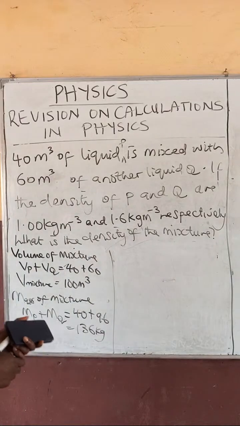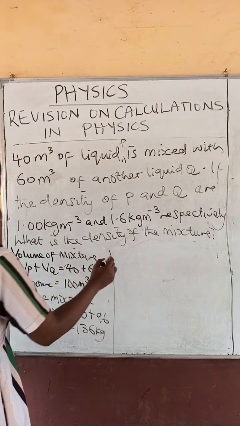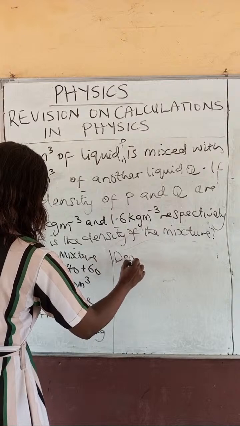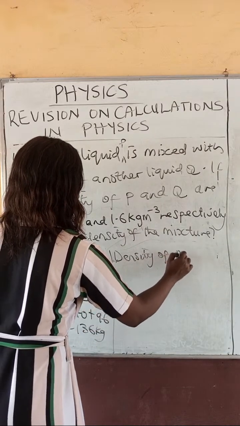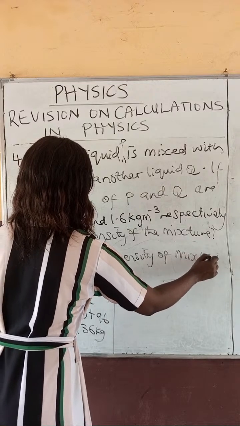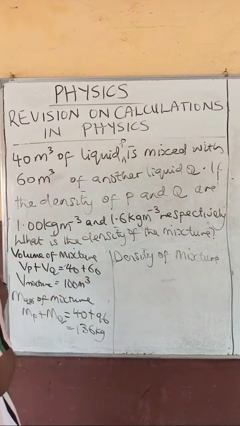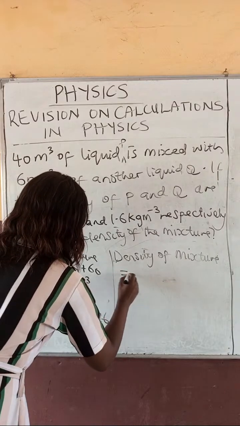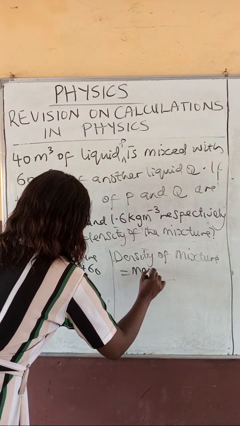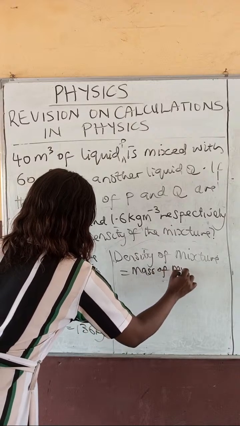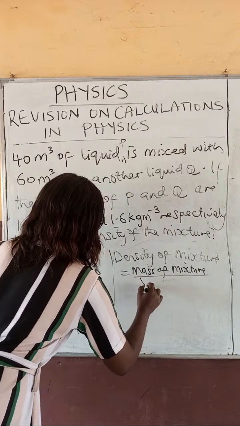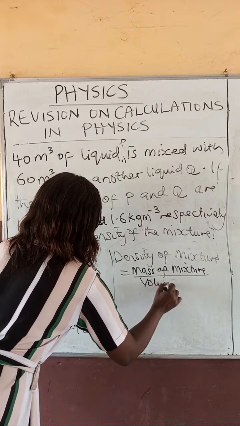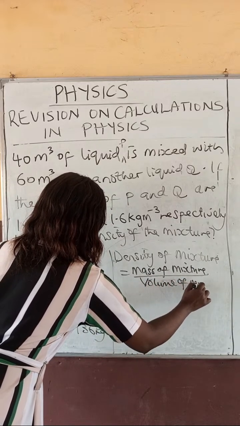All right, so we say that the density of the mixture is equal to mass of mixture divided by volume of mixture.